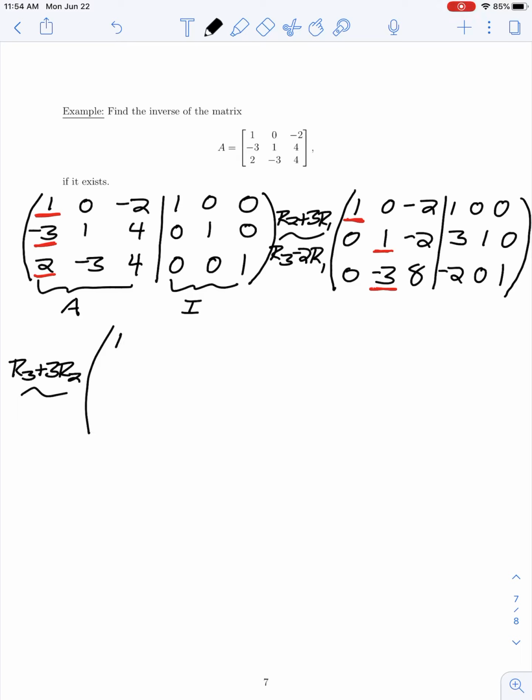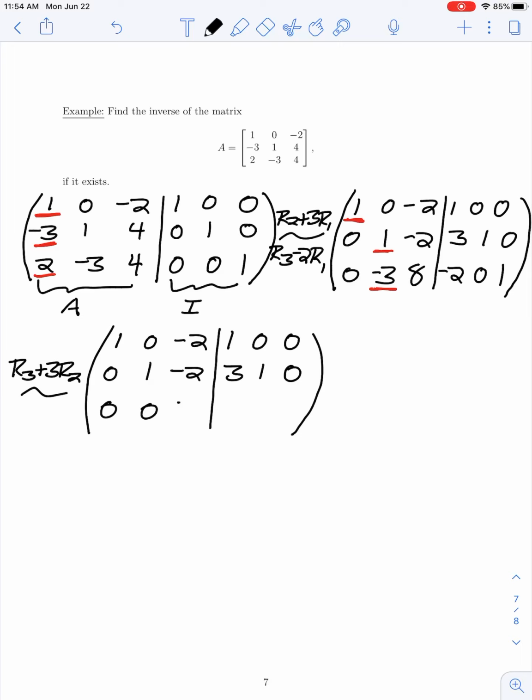So my first row remains the same, 1, 0, -2, and 1, 0, 0. My second row I'm going to leave alone as 0, 1, -2, and 3, 1, 0.